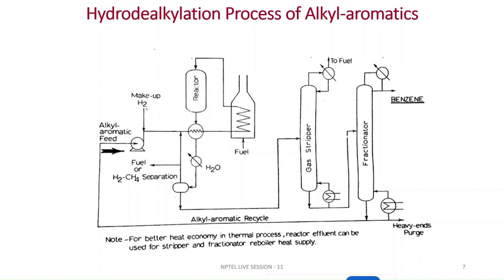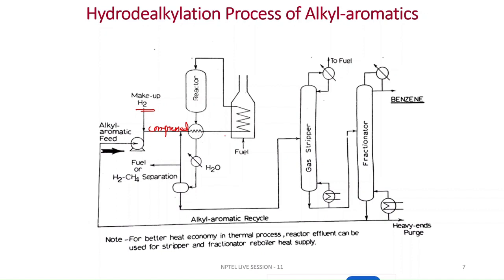It is also mixed with some hydrogen source, and also along with some recycled gas. Now they are compressed by the compressor, and then it is preheated. This is the preheater.